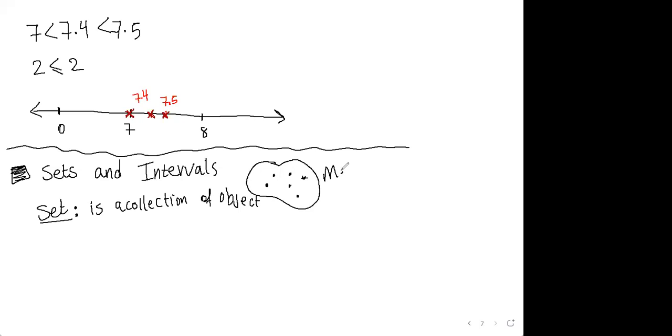So for example, for the Math 195 class, we have students. The students are objects inside the class, and this class is called a set. I give an example: set A equals 1, 2, 3, 4, 5. This set has the numbers 1, 2, 3, 4, 5, and these are the objects.